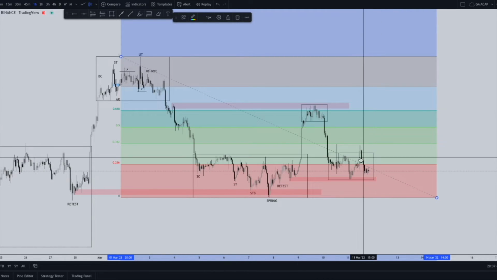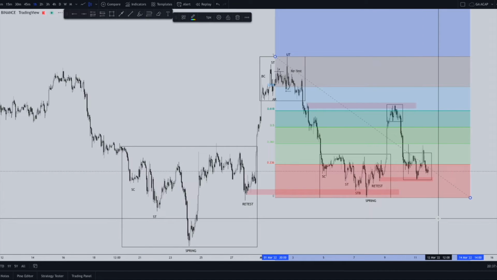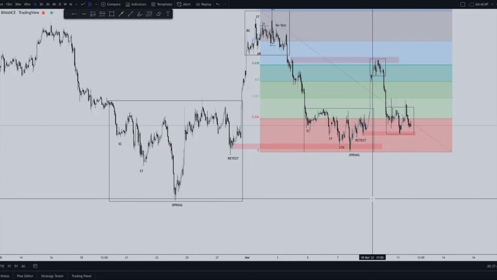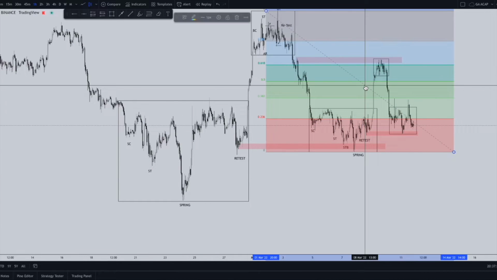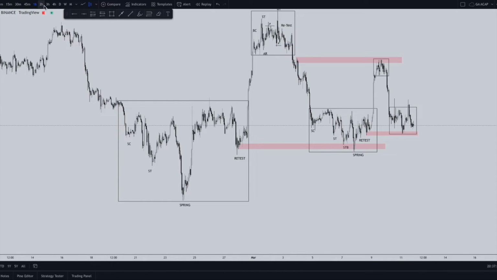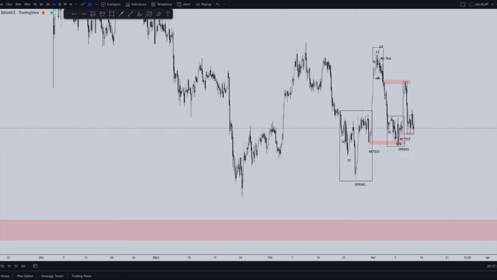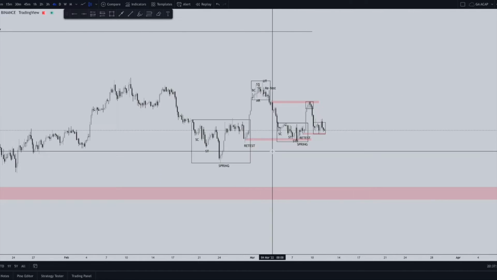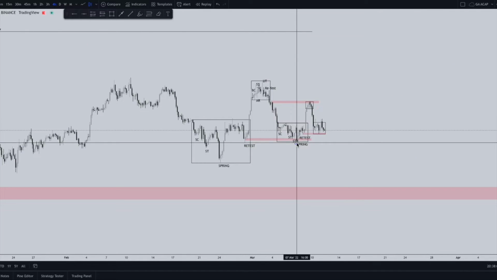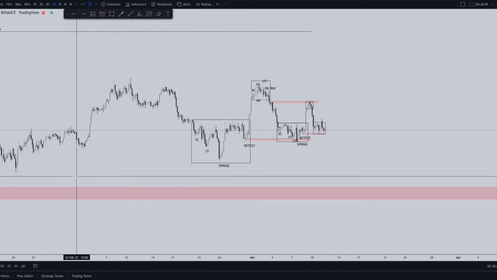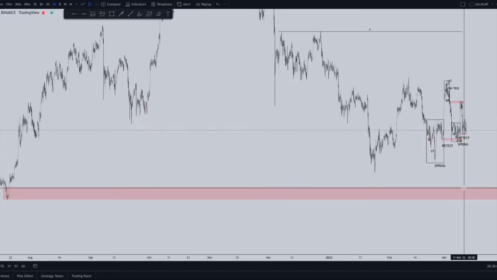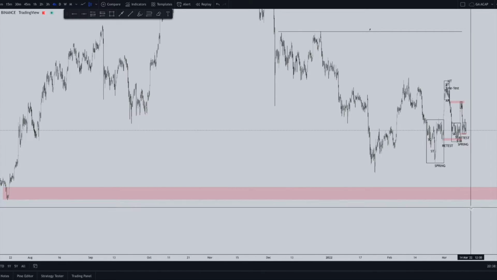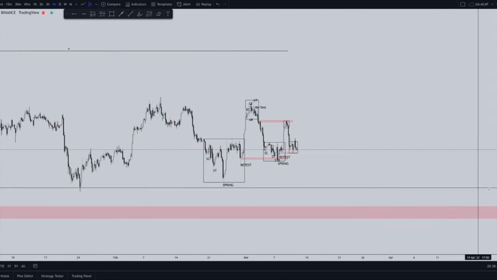It looks like another redistribution occurring, and we could have another leg towards 34k, or possibly even taking out all of the liquidity below it. Because if we go into the higher time frames, you can see here that there's liquidity below this, liquidity below this, liquidity below this, and then this is a very strong demand zone, roughly around the 31k and the 29.3k where we could possibly see Bitcoin.